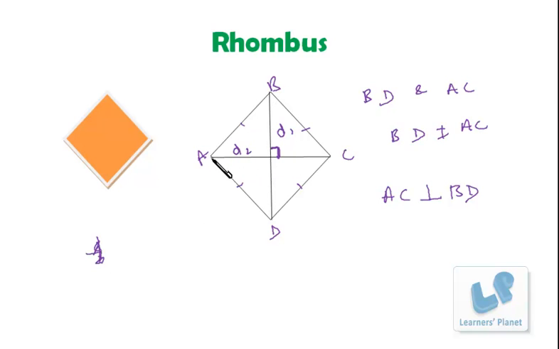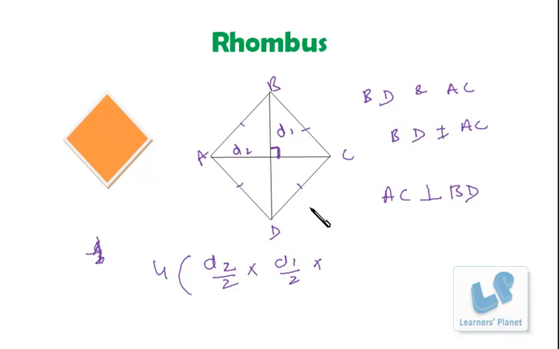So this is a right angle. Okay, and we have already discussed the area of a right angle triangle. So that is half base into altitude. Okay, and we are having 4 such triangles. Then this will be half of this diagonal, so half of D2, and this will be half of D1, that is half the length of the complete diagonal.